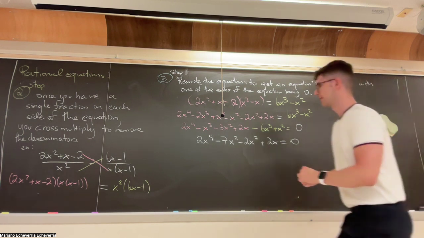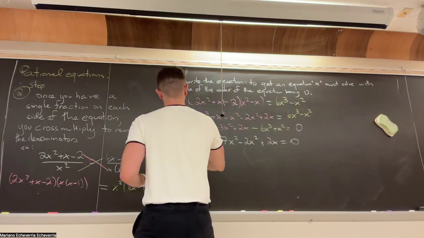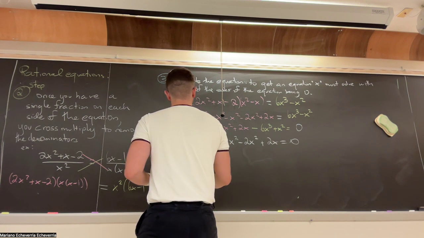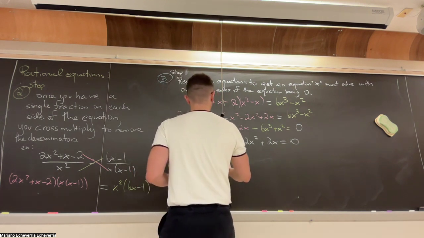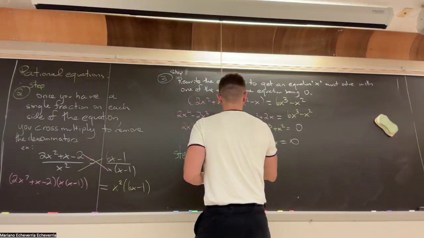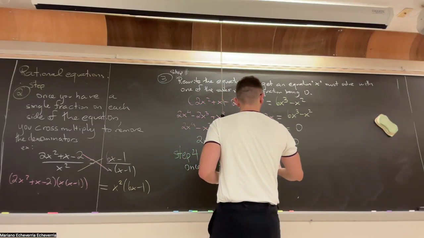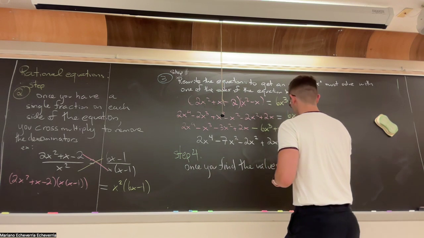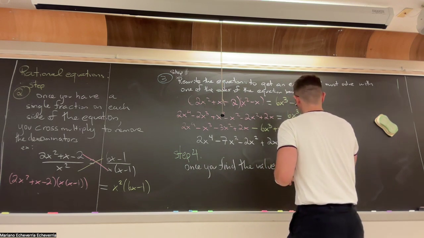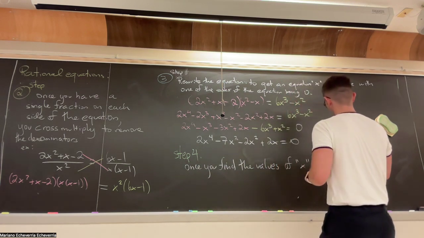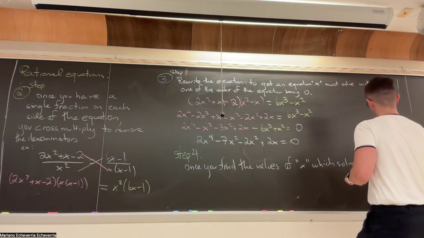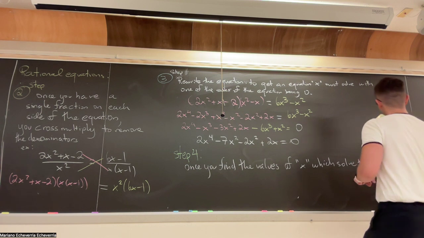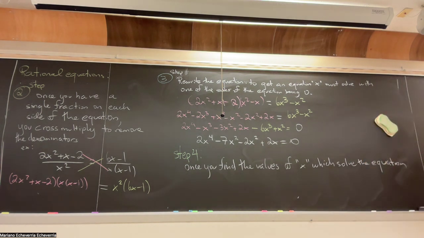So step 4, once you find the values which solve the equation, you double check, similar to the problems that we were doing with the square roots.